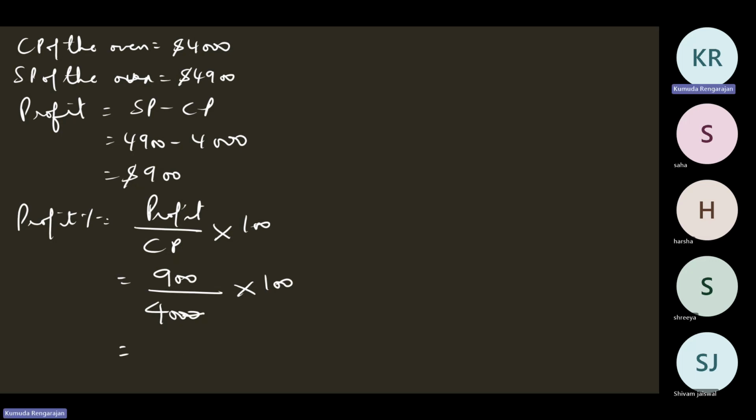So 2 zeros, 2 zeros cancel. 90 by 4 is 45 by 2. And 45 by 2 is 22.5%.